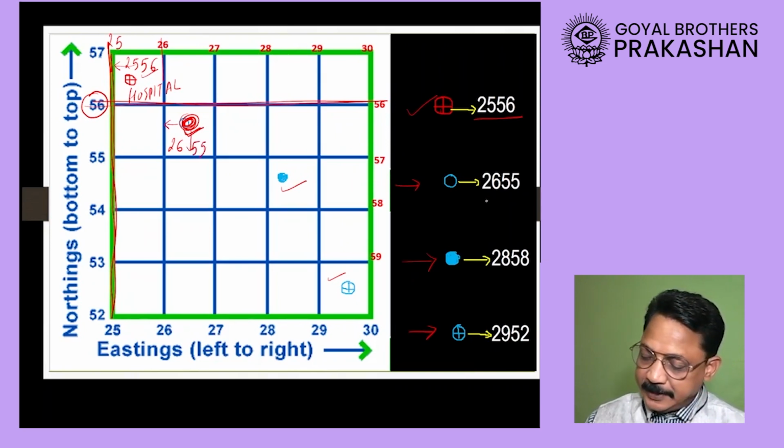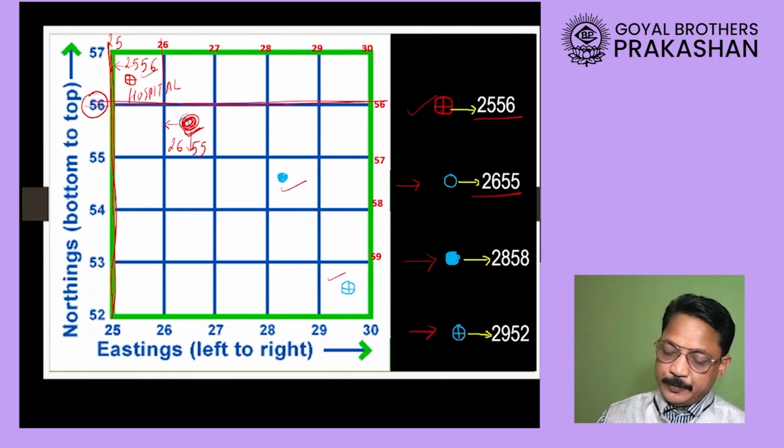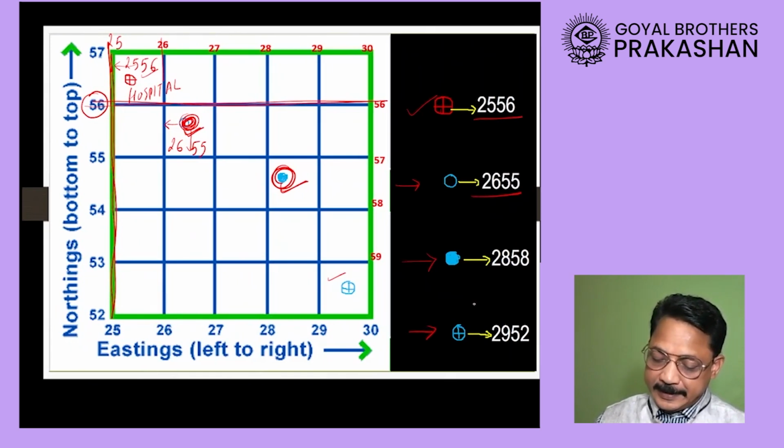So it is present in 2655. I hope you will be able to identify now where this well is. You are correct. 28 is written on the left side, and immediately below is 54. It is the number 2854.